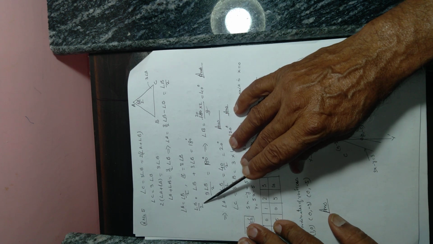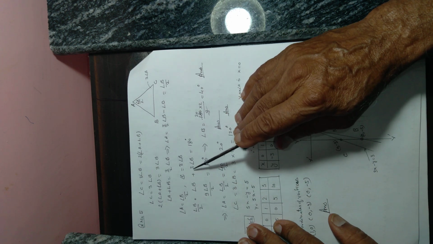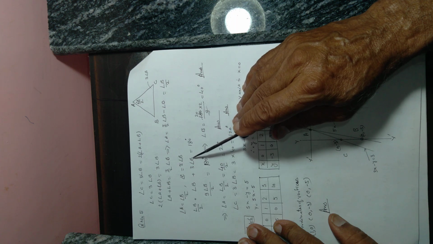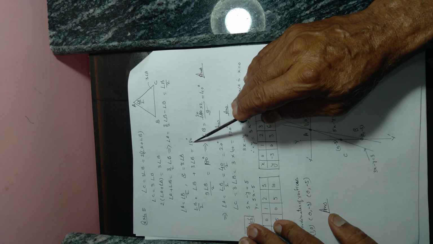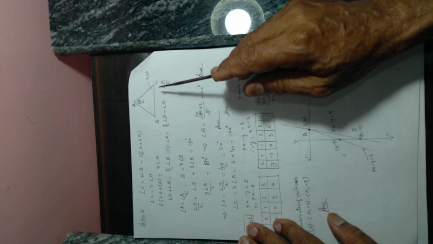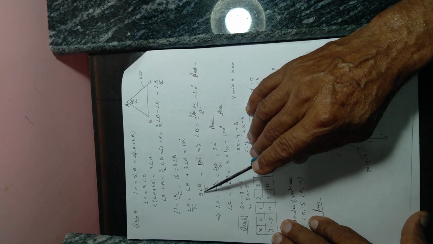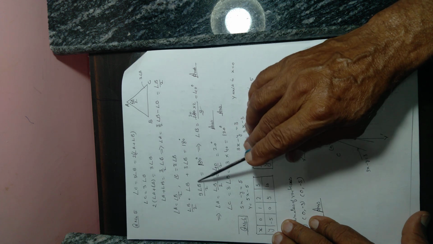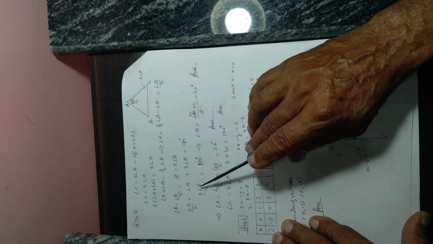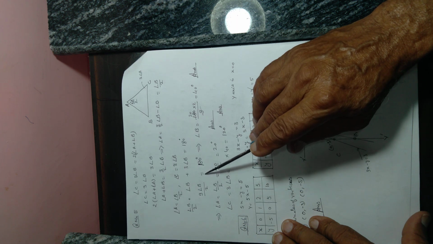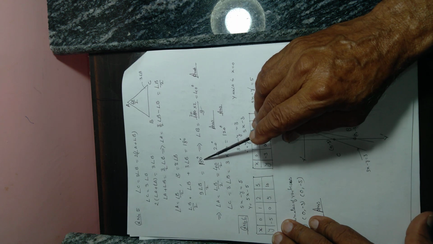So we put the value of three angles in terms of B. So angle B divided by 2 plus angle B plus 3 times angle B is equal to 180, because the sum of three angles of a triangle is equal to 180 degrees. Hence, we will ultimately get 9 of angle B by 2 is equal to 180.